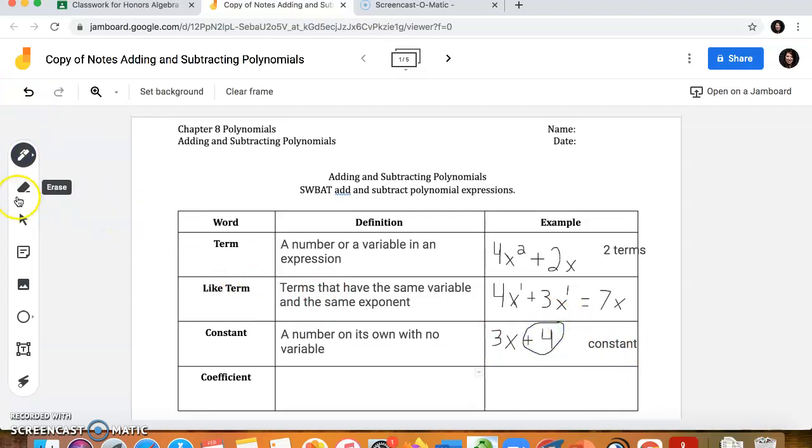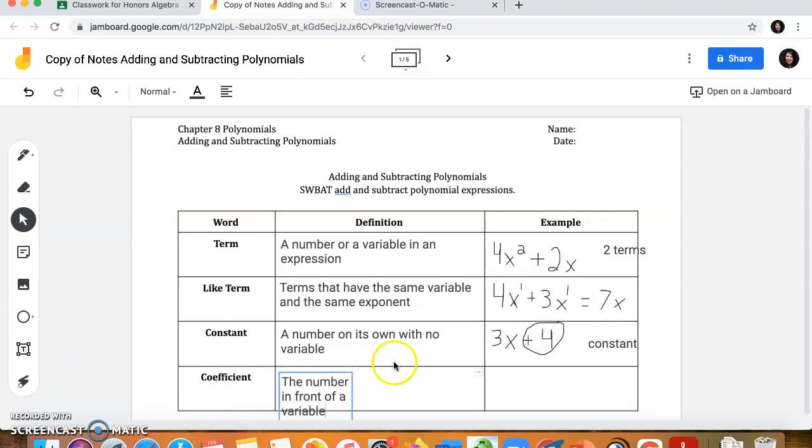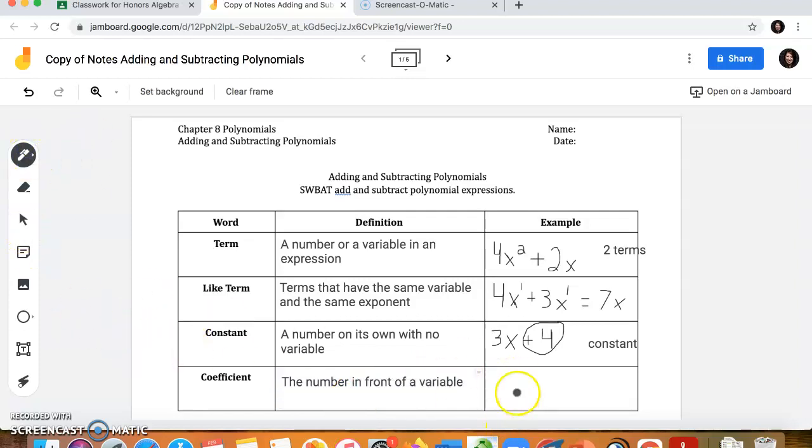No variable with it. And then the coefficient is the number in front of a variable. So let's say you had 3x minus 2x.